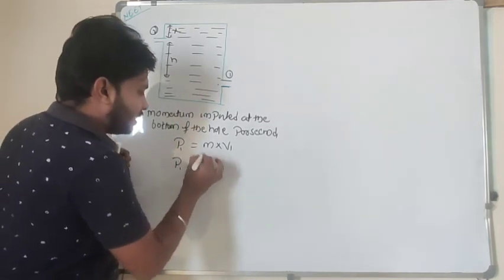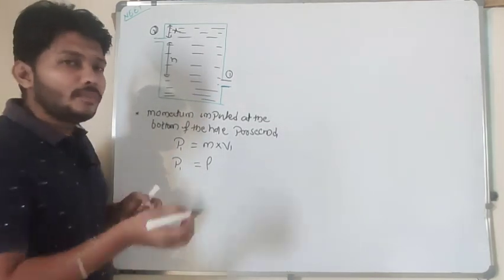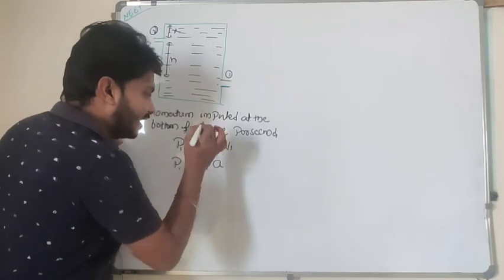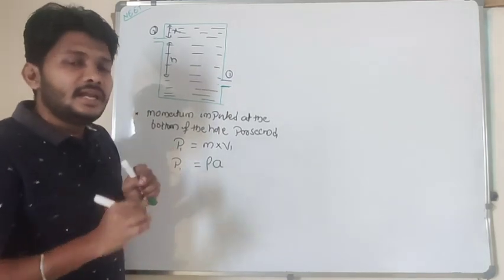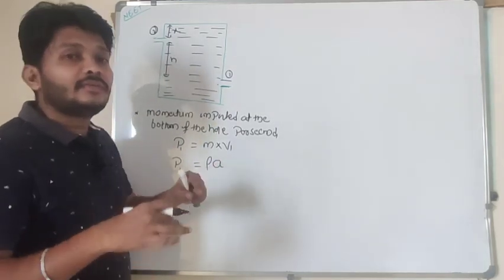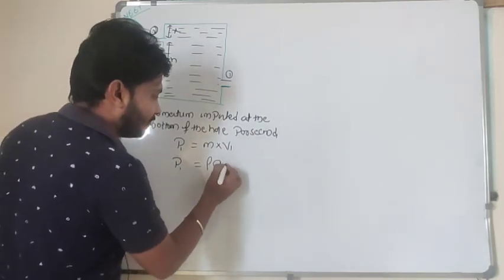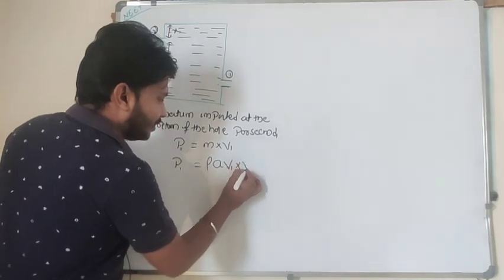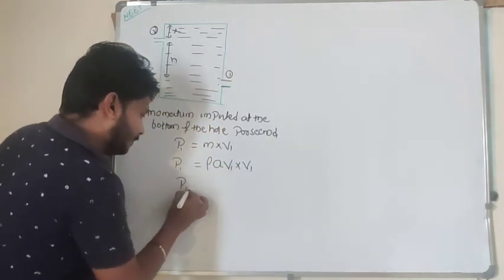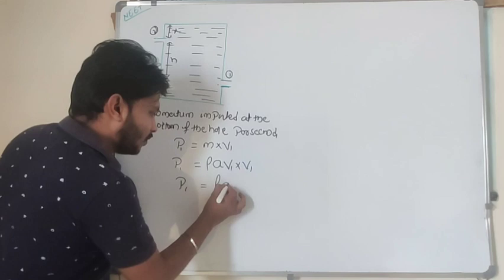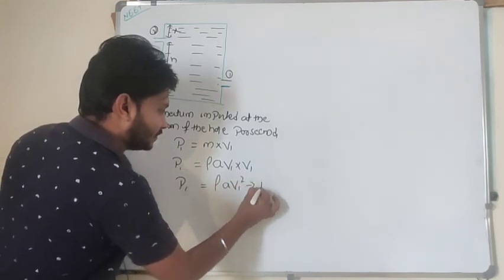So mass, shall I take it as density into volume? Volume I can consider as area into length, where length we can consider as velocity into time. Per second means the time value is 1 second. So a velocity into velocity term is there. P1 is equal to rho into A into V1 square.